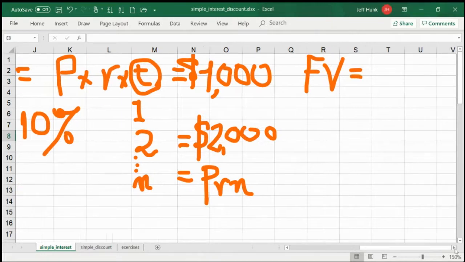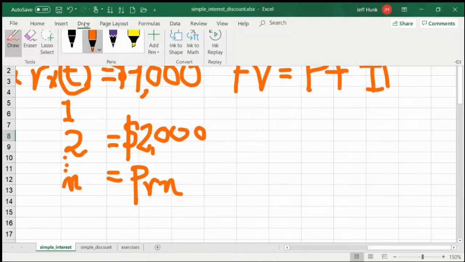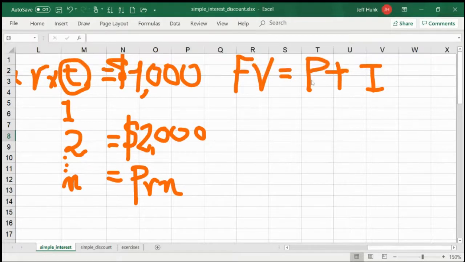So future value is basically principal plus interest, right? I will express interest in dollars as I, or uppercase I, or INT.